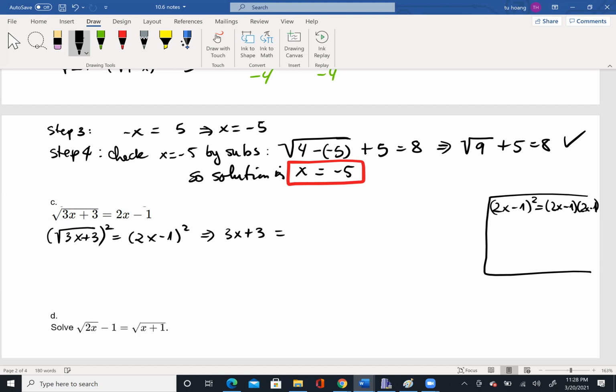You can do it like that. But if you remember the formula, you're going to have 4x squared minus 4x plus 1. Okay, so then you're just going to plug in and have 4x squared minus 4x plus 1 over here.